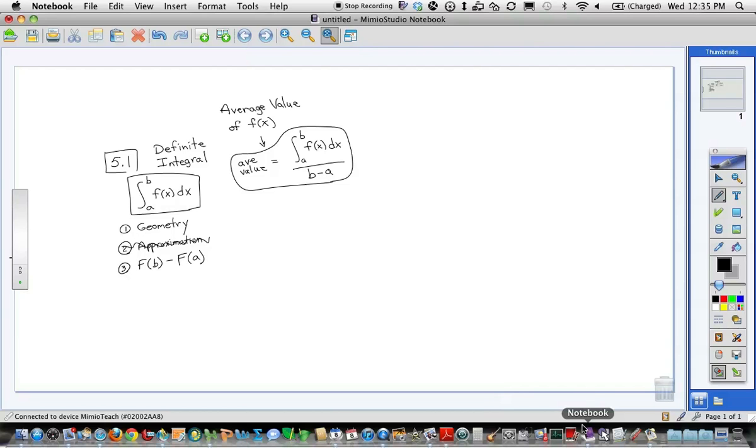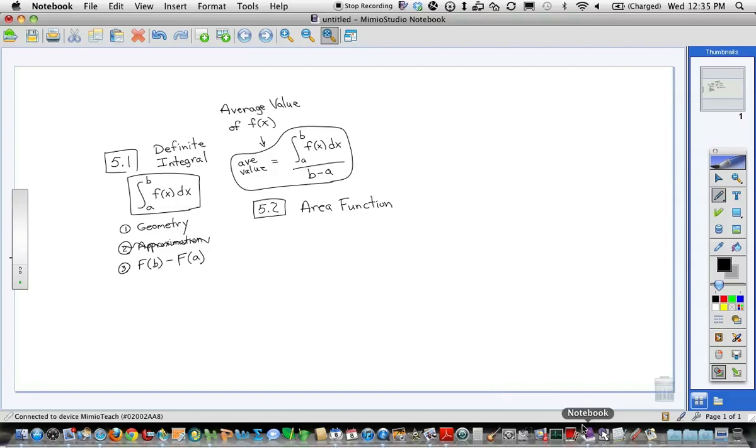All right, section 5.2 then. Section 5.2 was all about the area function. So we said, all right, we got this piece of area that we can find. What if we took that right endpoint and moved it from place to place and got new areas at every one of those right endpoints and made that a function, called the area function?